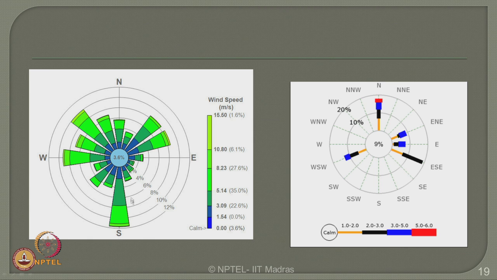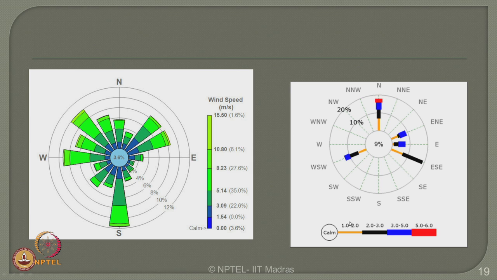Now one can see there are concentric circles in both cases, starting from the inner one and proceeding towards the outer. Each concentric circle represents a specific frequency of the wind, and you can see a legend plotted on the right hand side, where the green or darker one shows the wind velocity at a specific percentage or a specific meter per second, whereas the blue one is practically 0, what we call calm wind, which is occurring at the center.